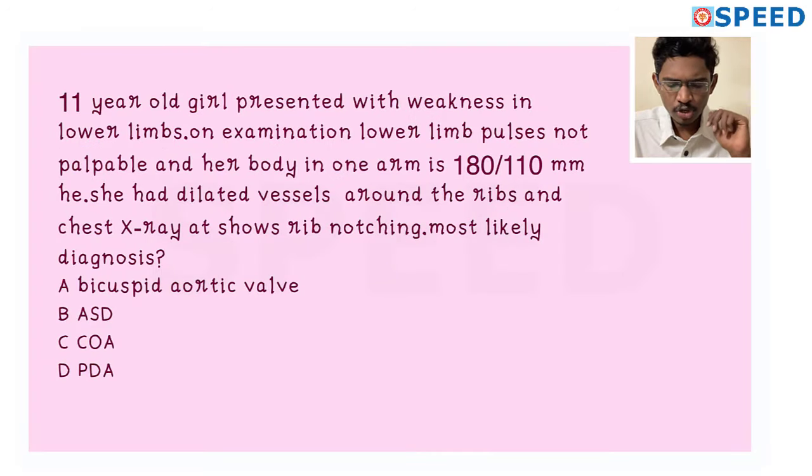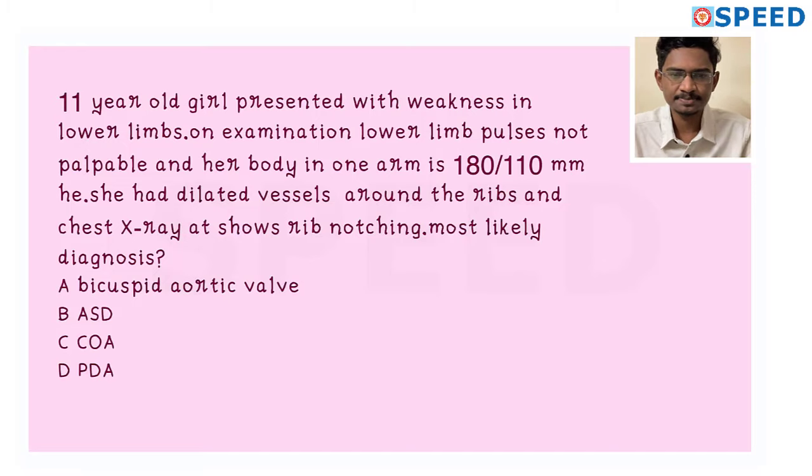An 11-year-old girl presented with weakness in the lower limbs. On examination, lower limb pulses are not palpable. BP in the upper limb was 180/110. Dilated vessels around the ribs were seen and X-ray showed rib notching. Most likely diagnosis: bicuspid aortic valve, ASD, coarctation of aorta, PDA.